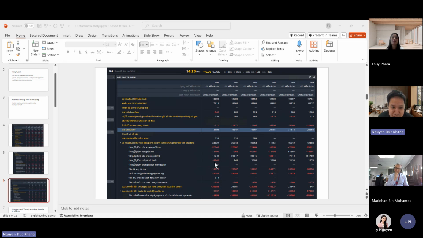You can see the account receivable is the first white line over there. It's almost negative 900 billion in 2024. It's almost 6 times the profit.